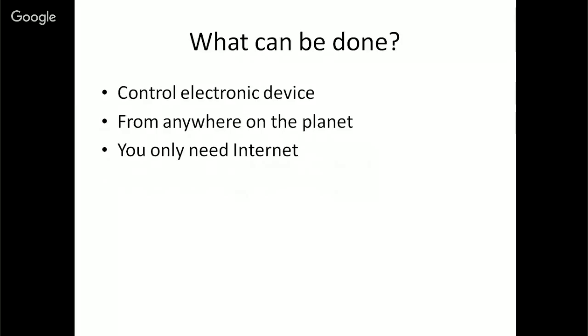Anything can be controlled. For example, if there's a light at your home, which of course cannot be connected to internet, it can be controlled with your smartphone. How to control? Definitely with the help of a microcontroller.